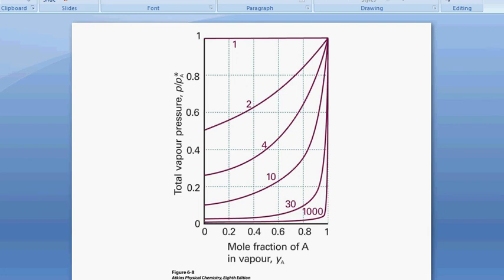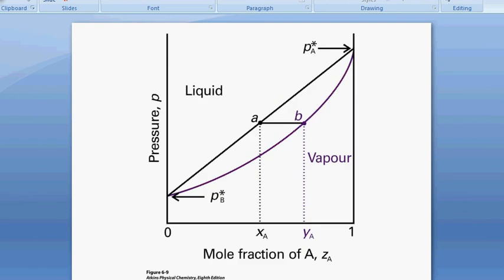And if I merge these two graphs, what I get is something like this. So the first Raoult's law graph and the last one, if I merge those two, what I get is something like this. You can well imagine that this is PB star.